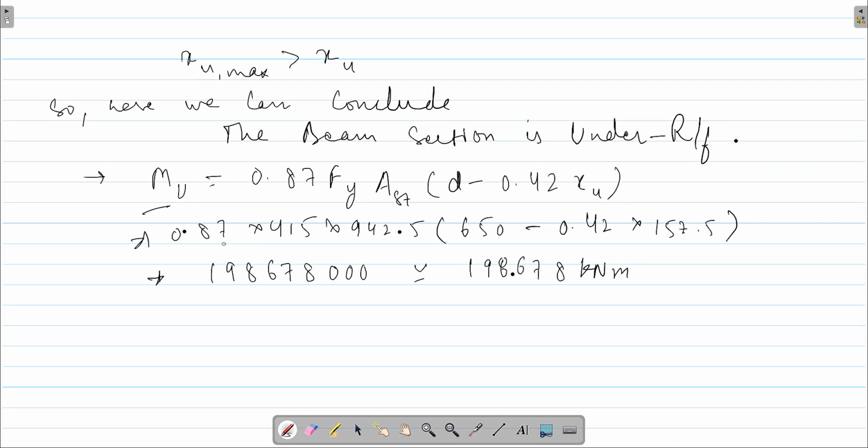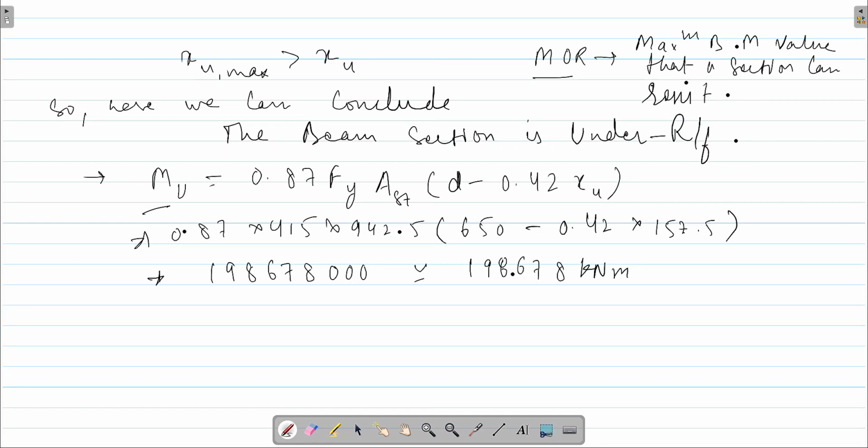So as we have calculated this Mu value, and as we all know that Mu is MOR, moment of resistance. And what is moment of resistance? Moment of resistance is the maximum bending moment value that a section can resist.